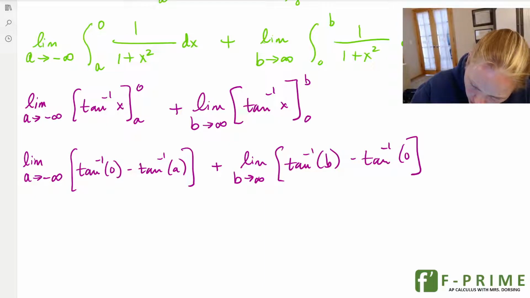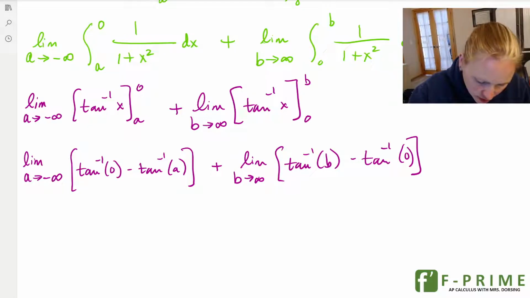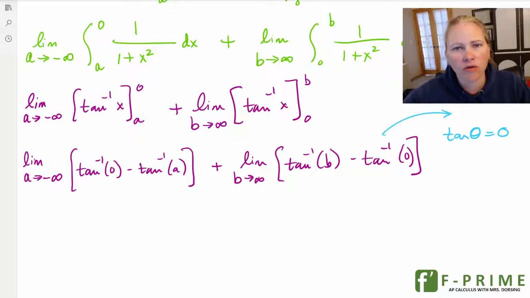Oh goodness, how do I find tan inverse of something without a calculator? Well, whenever I have tan inverse, really this means there's some angle theta where the tangent of theta is equal to 0. So what's the theta? Well, let's think about this. We're going to be using principal values.